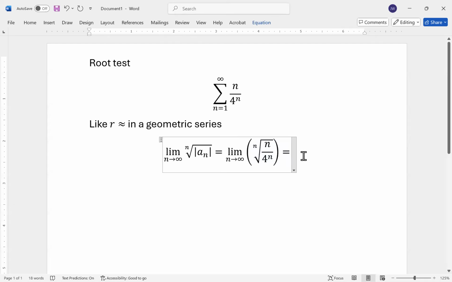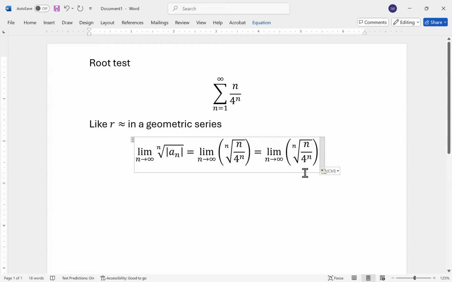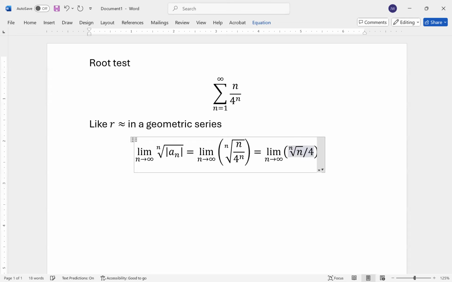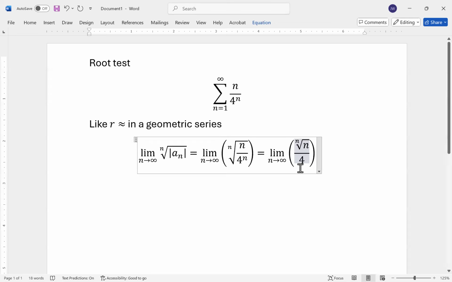Now, if you do that, this limit, what's going to happen is that the nth root of 4 to the n is just going to become a 4. So I can take the nth root of the numerator and the nth root of the denominator.